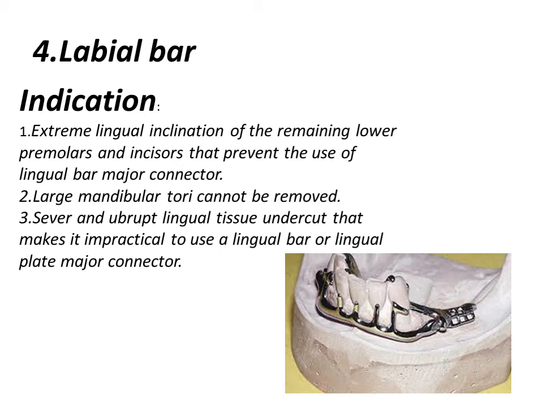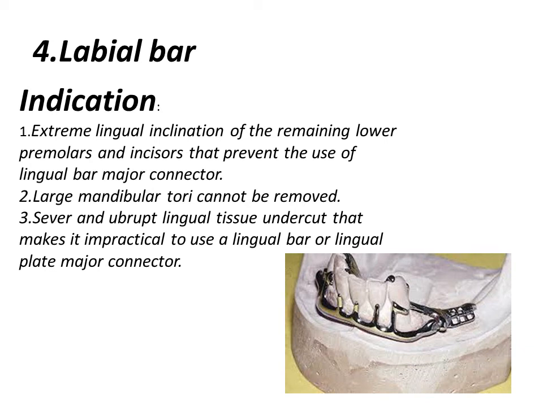The indications for this type of major connector: in case of extreme lingual inclination of the remaining lower premolars and incisors that prevents the use of a lingual bar major connector. The teeth will be inclined lingually, so it will be difficult to place the lingual plate or lingual bar, so we use a labial bar.